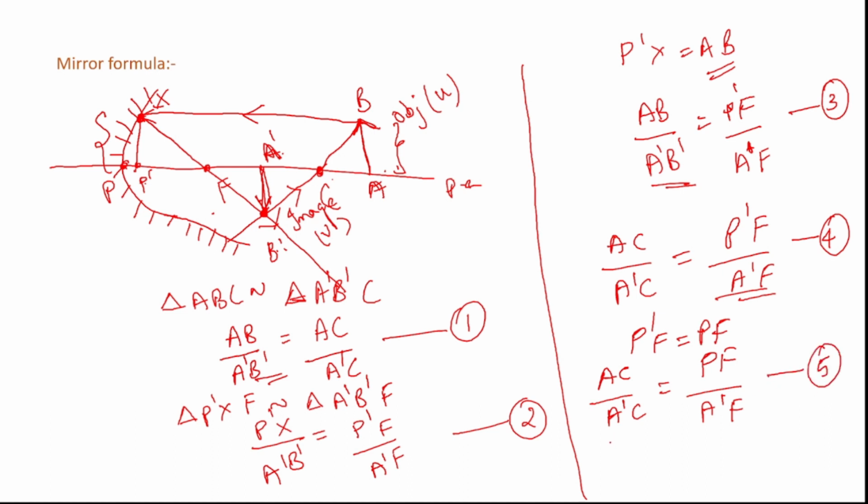Now by seeing the figure we can write AC equal to PA minus PC, right? And next A'C equal to PC minus PA', and A'F equal to PA' minus PF. So by seeing the figure we can write these three, right? So let us substitute these three in equation 5. So what is equation 5?